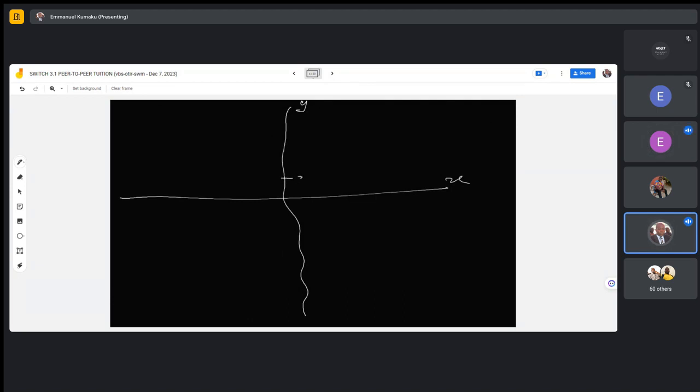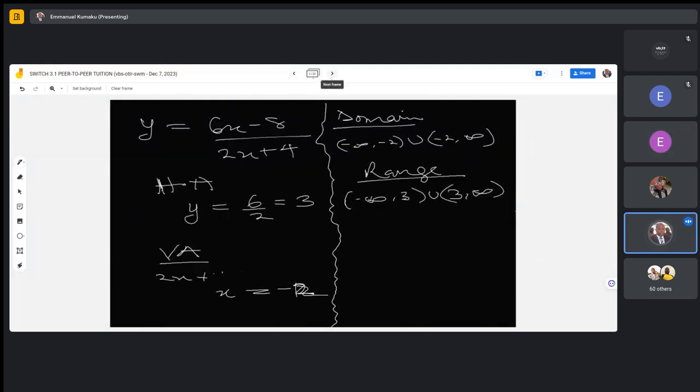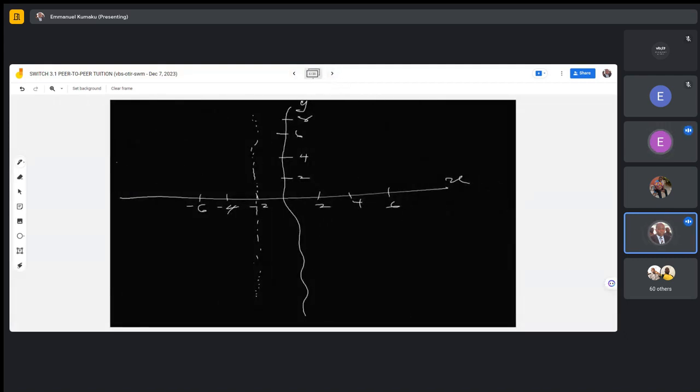So let's assume here is 2, 4, 6, 8, negative 2, negative 4, negative 6. My vertical asymptote is negative 2. Then the horizontal one, y is equal to 3.